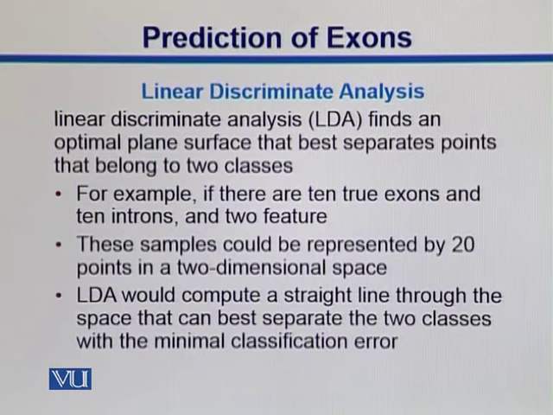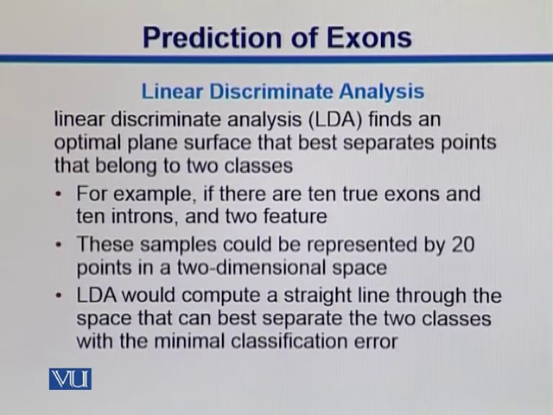That analysis is what we call linear discriminant analysis, commonly known as LDA. It finds an optimal plane surface that best separates points that belong to two classes. For example, if there are 10 true exons and 10 introns, and we have two features and want to separate them, there are a total of 20 data points, and we can separate them in a two-dimensional space based upon two features.